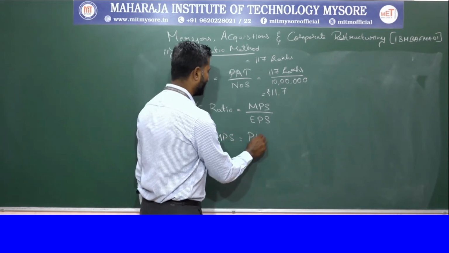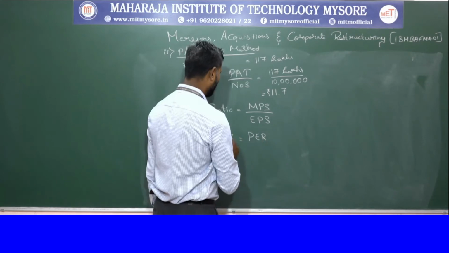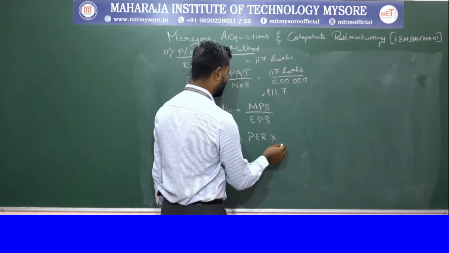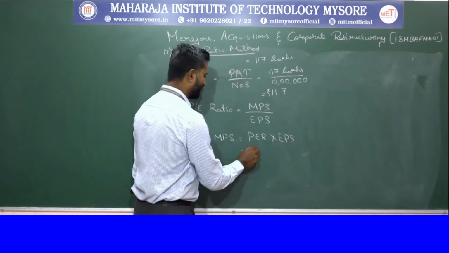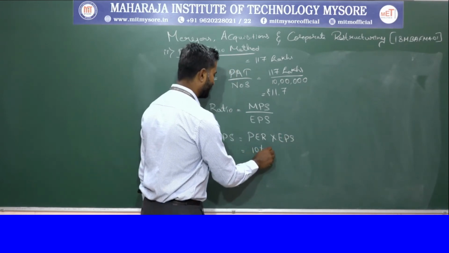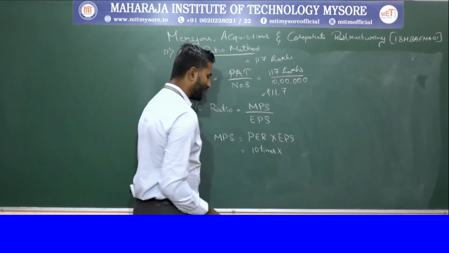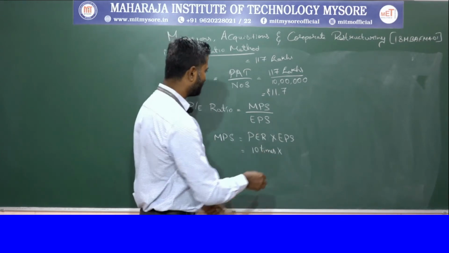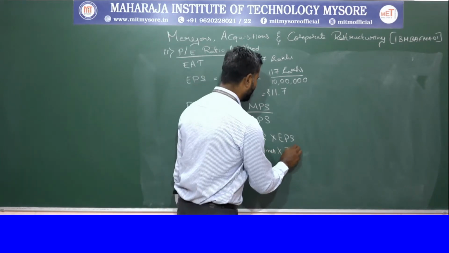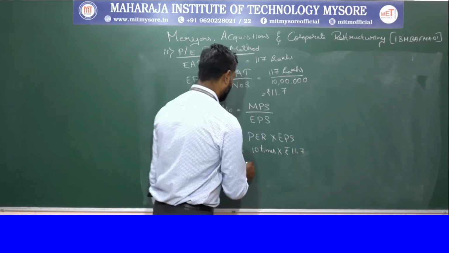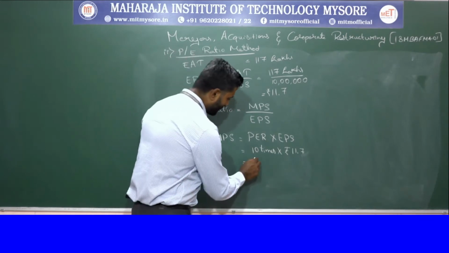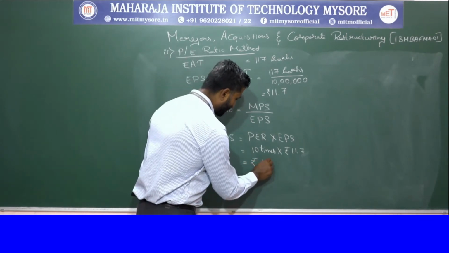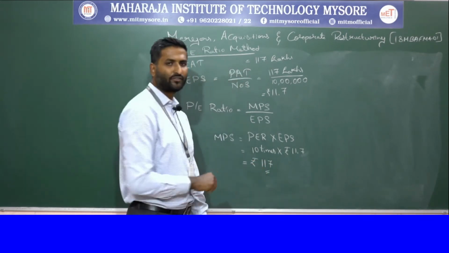So we replace the variables. MPS equals price earning ratio into EPS. So price earning ratio 10 times they have given in the problem, and we multiply that with the EPS which we resulted, rupees 11.7. So therefore the market price per share becomes 117 rupees.